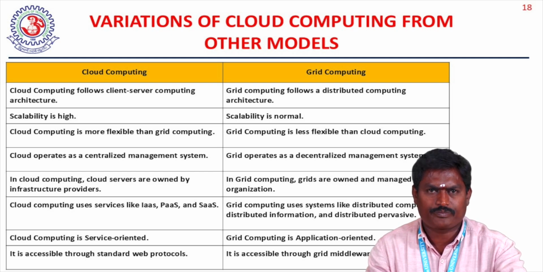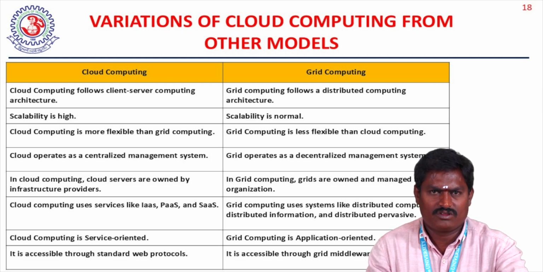Grid computing uses systems like distributed computing, distributed information, and distributed pursuit. Cloud computing is service oriented, grid computing is application oriented. Cloud computing is accessible through standard web protocols, while grid computing is accessed through grid middleware.